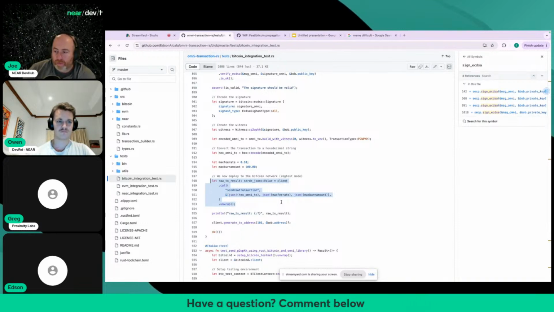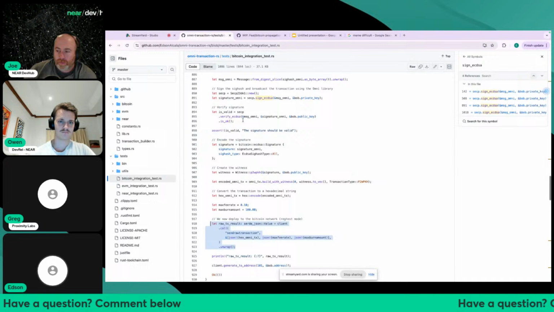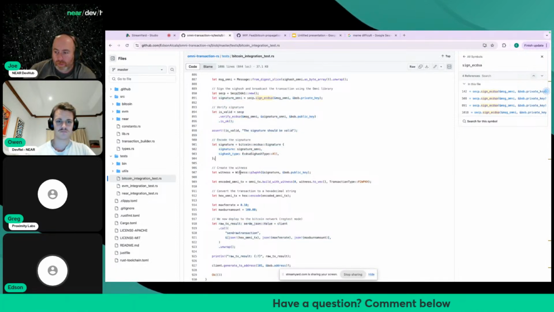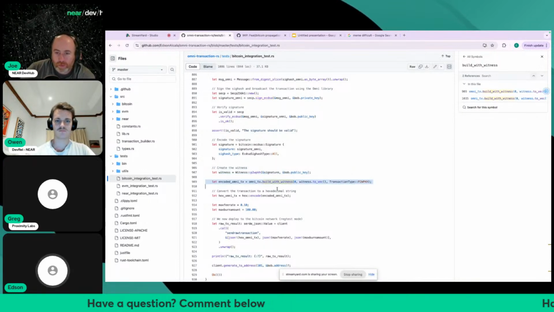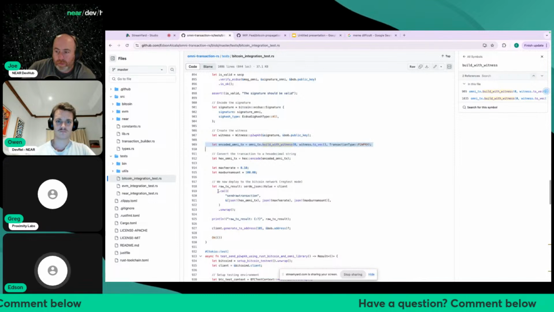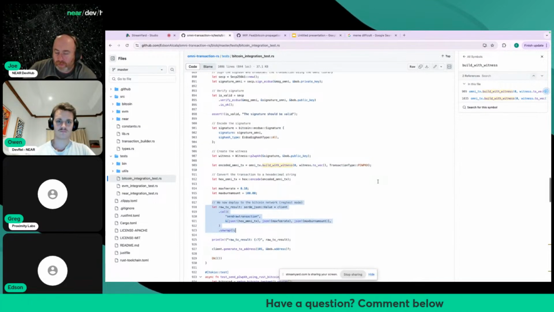Got it. Cool. Something that I didn't mention is, okay, we get the signature, and then we simply create the witness. We still use Omni to build the transaction with the witness, and then that's it. We propagate that.